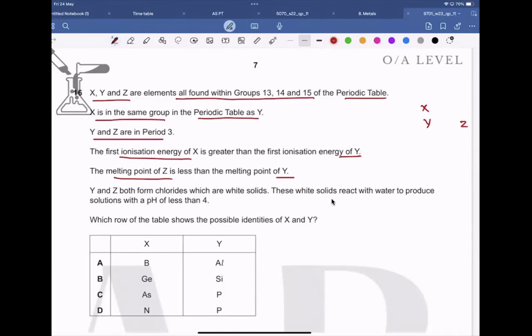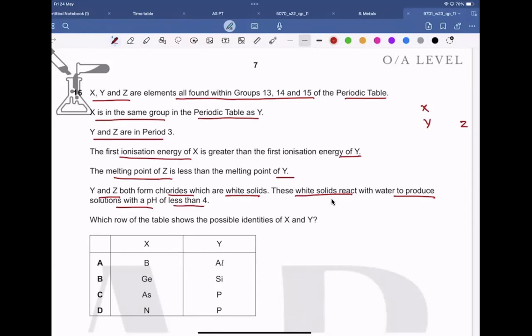Okay. Y and Z both form chlorides, which are white solids. These white solids react with water to produce solutions at pH less than 4. So if the pH is less than 4, it can be all of them.